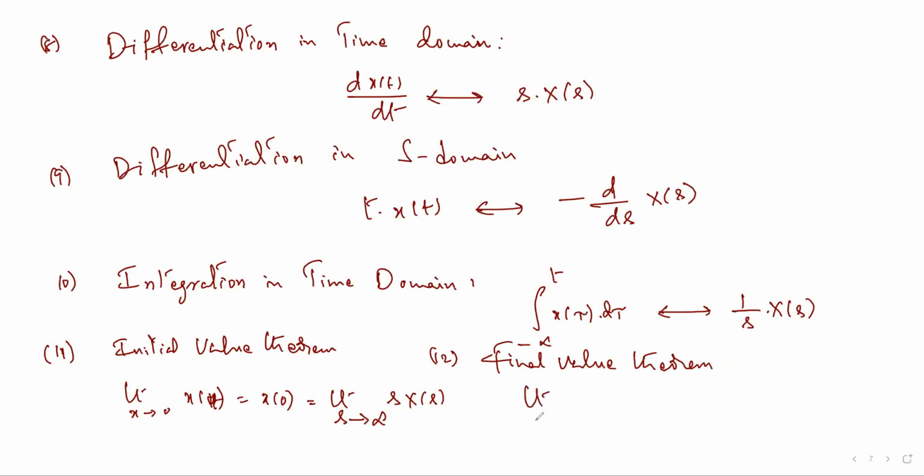Whereas this one, limit t tending to infinity of x of t, that is x of infinity, is limit s tending to 0 of s into X of s. Compared to Z transform, it is easy to remember here.